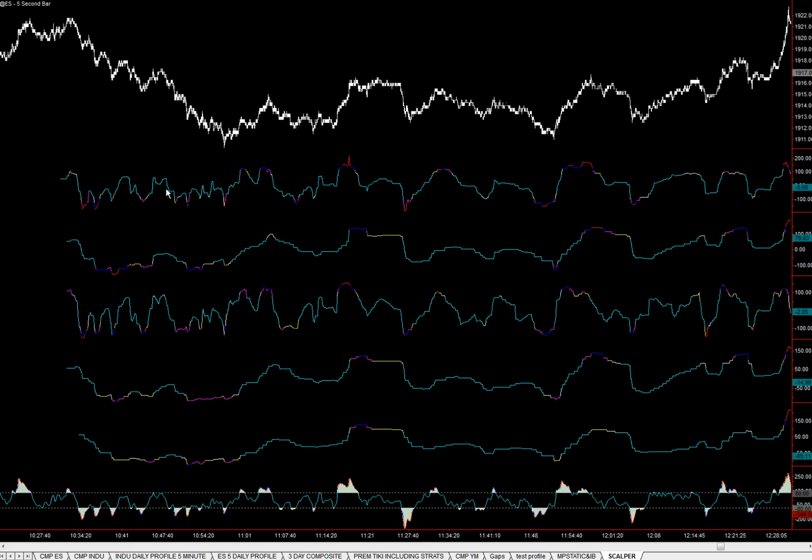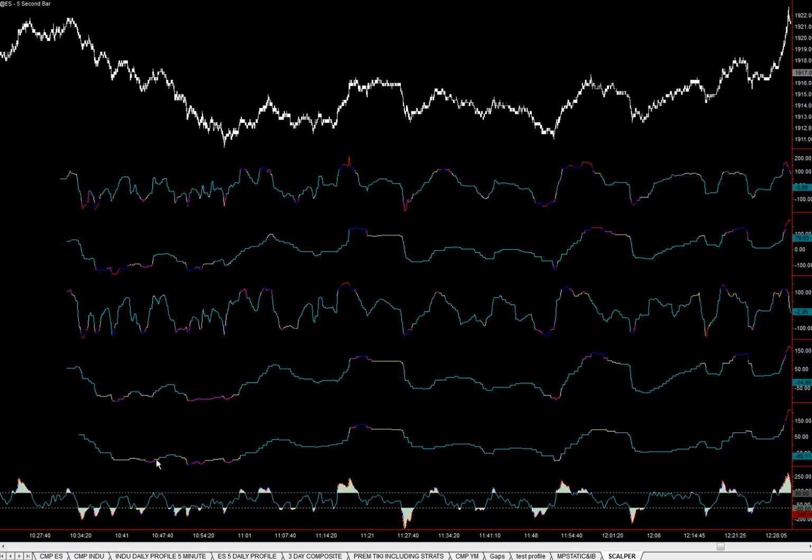The first two indicators are both on the ES but set to different time frames. The next one, the third one down, is on the INDU. After that, we have the INX, and then finally the YM.